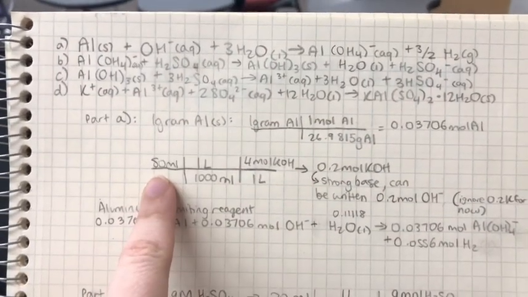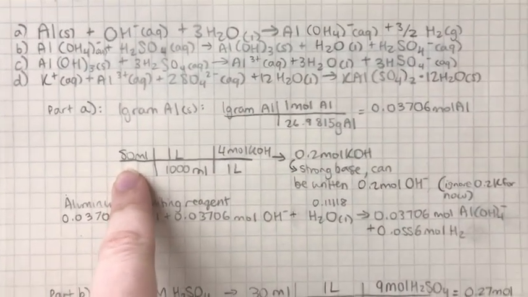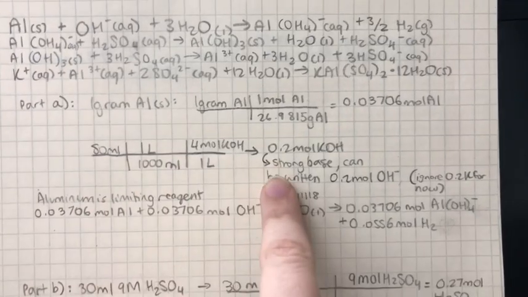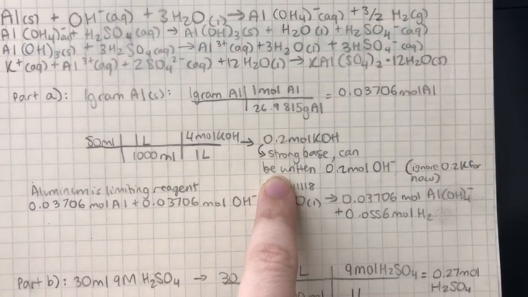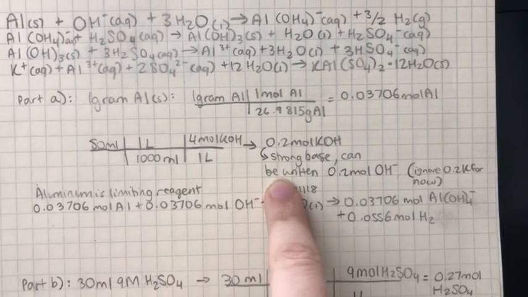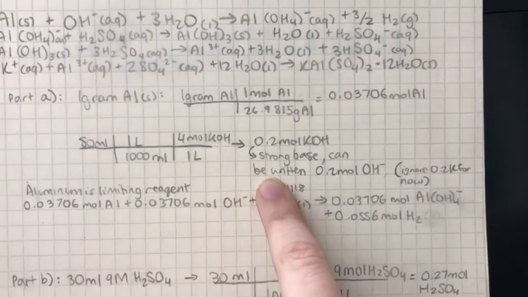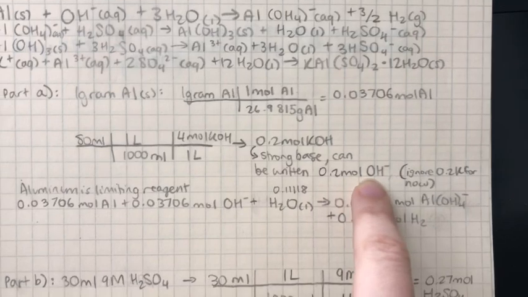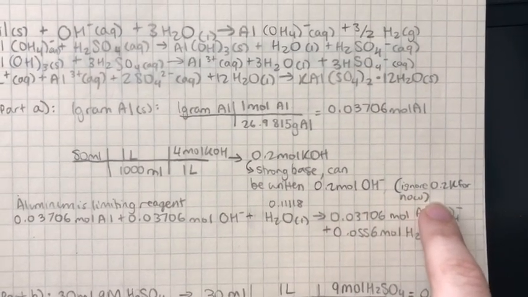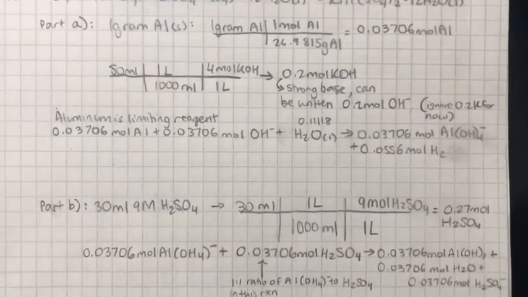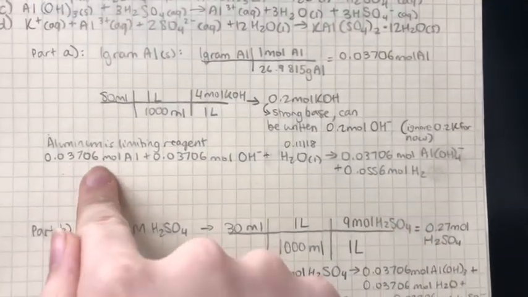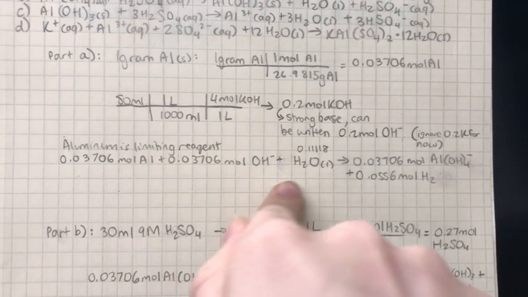Then we added 50 milliliters of 4 molar potassium hydroxide, which can be calculated to be 0.2 moles of potassium hydroxide, which, because it's a strong base, dissociates completely and can be written as 0.2 moles of OH minus, and for now we can ignore the 0.2 moles of potassium. The aluminum is the limiting reagent, and so we can write the reaction as such.